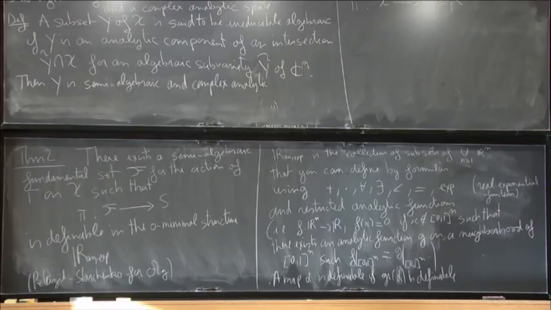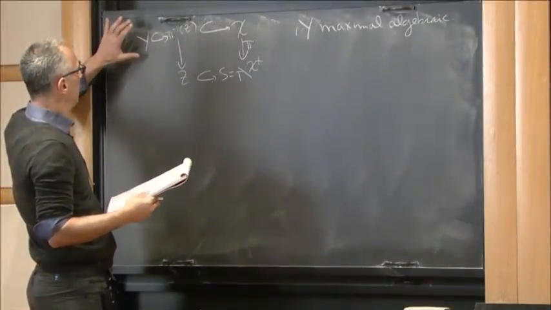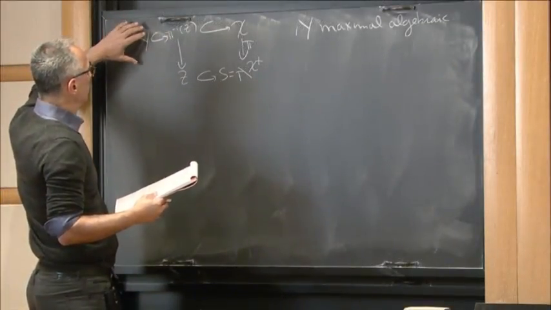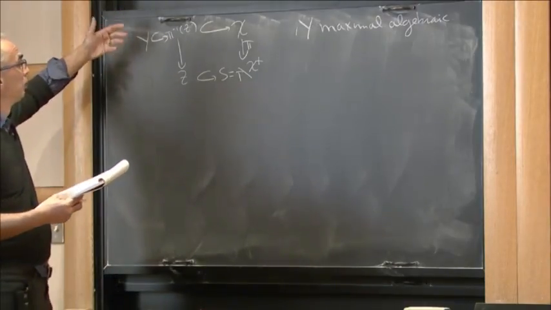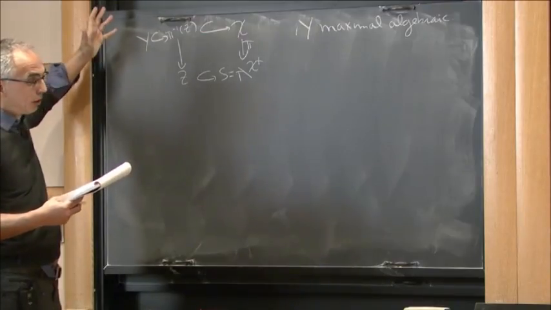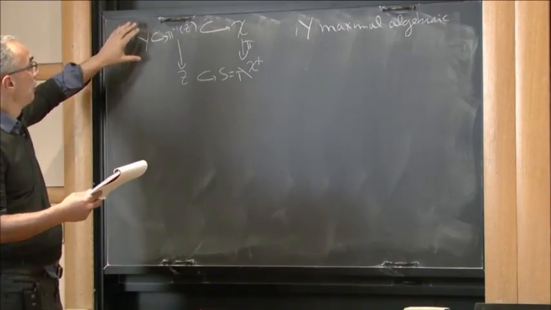And here with Y maximal and algebraic, we want to say that the image of Y is a special or weakly special subvariety. So the way we think about the uniformization of a special subvariety is that there is an algebraic group which is rational inside the stabilizer of Y.